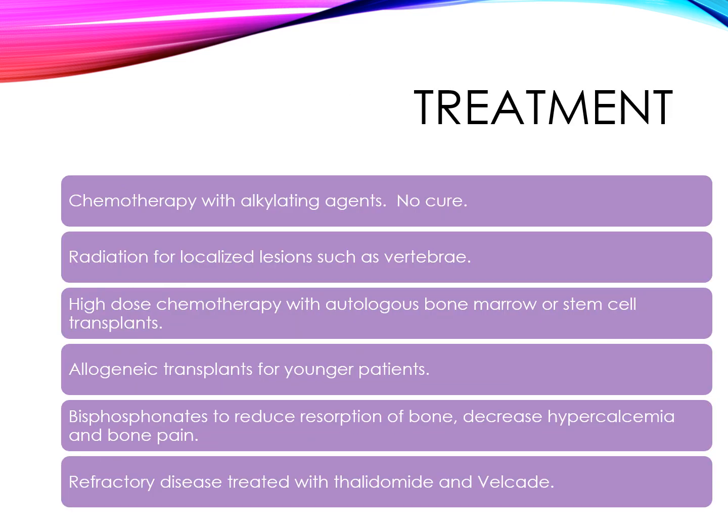So unfortunately, there's really no cure for multiple myeloma. Sometimes we use chemotherapy with alkylating agents to kind of suppress it a little bit. Sometimes we use radiation for some of those lesions, such as the vertebrae.